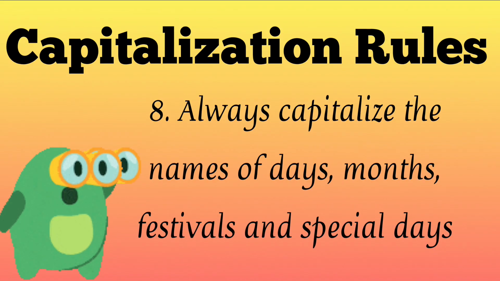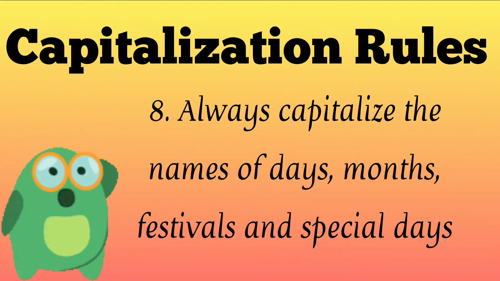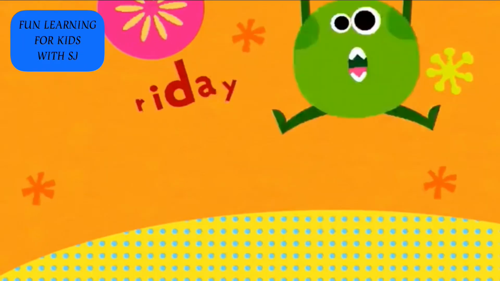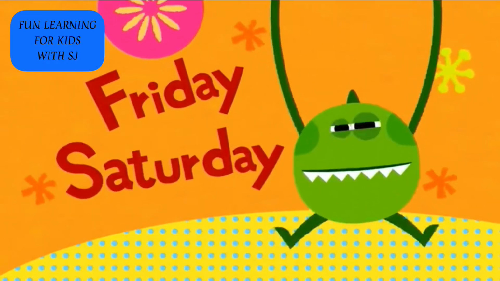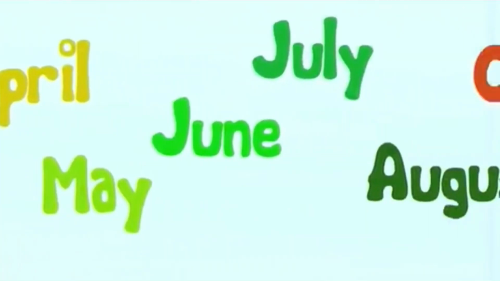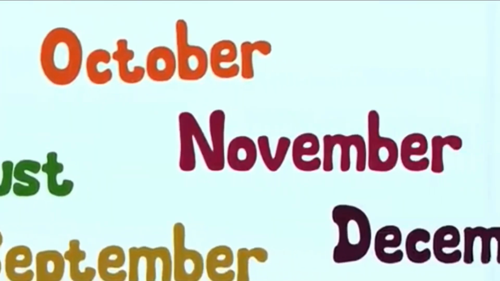Our eighth capitalization rule is to always capitalize the days, months, festivals, and special days. In English, we capitalize the days of the week and the months of the year. It doesn't matter if it's at the beginning, the middle, or the end of a sentence.